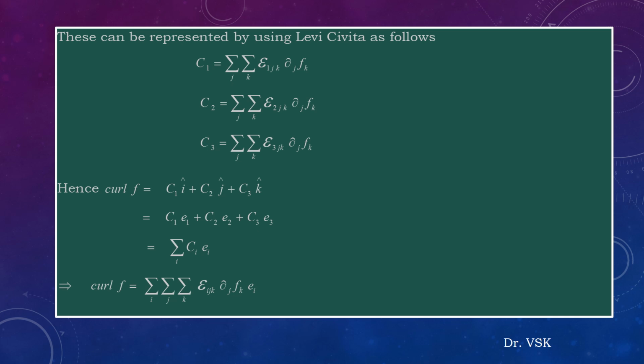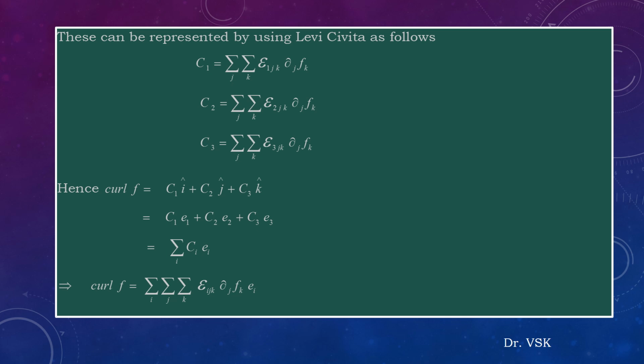Ci means a general component, the ith component. If you put i equals 1, we get C1. If we put i equals 2, we get C2. If we put i equals 3, we get C3.